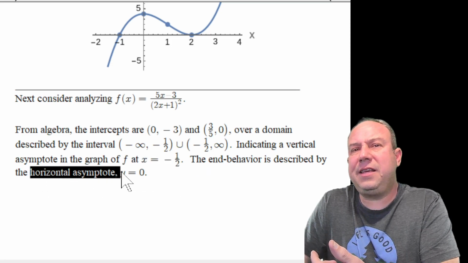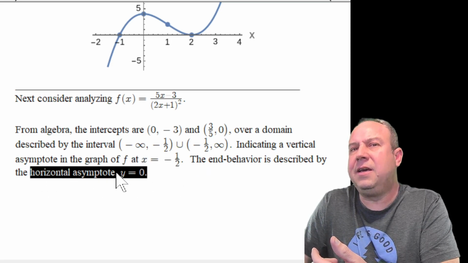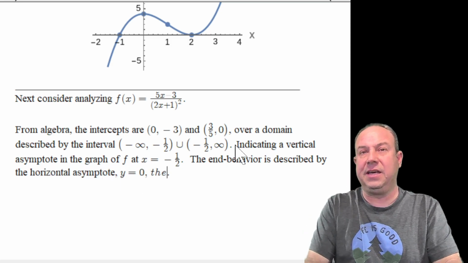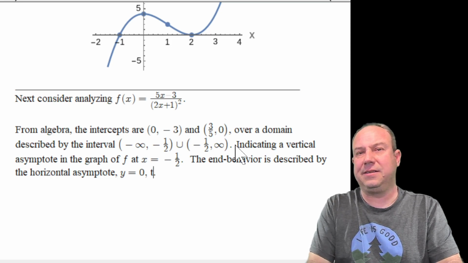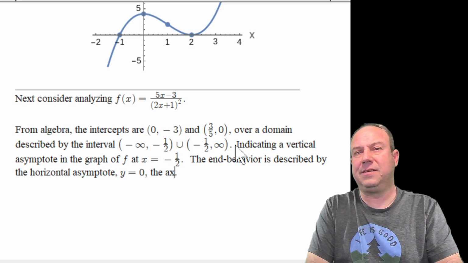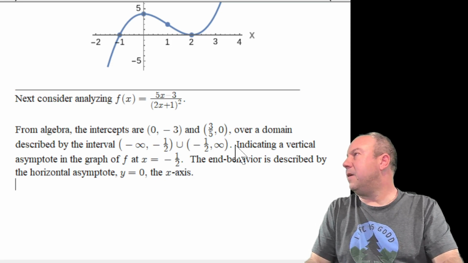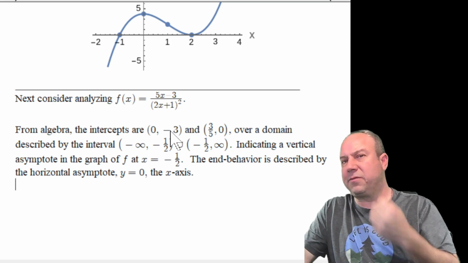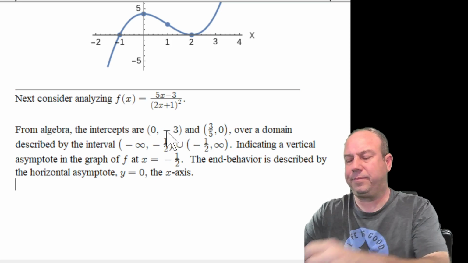And then lastly, the end behavior will be described by the horizontal asymptote y equals 0, which is the x-axis. In our analysis, all of that comes from algebra.